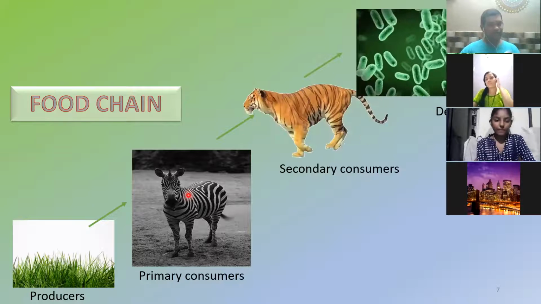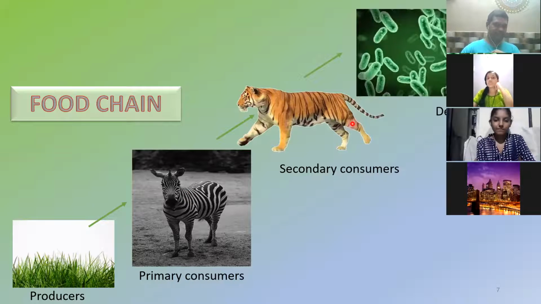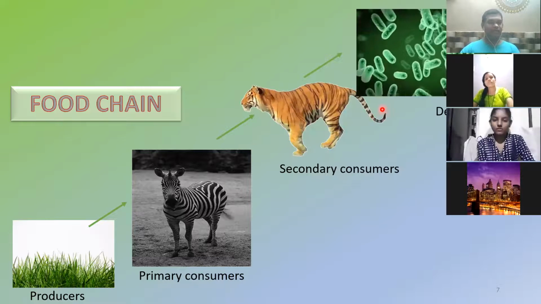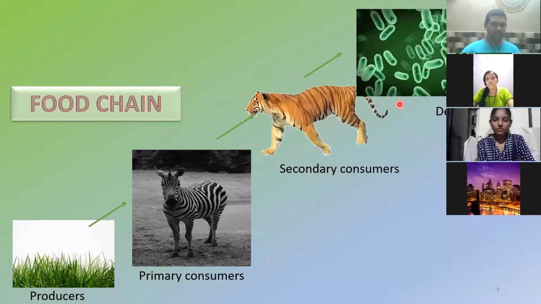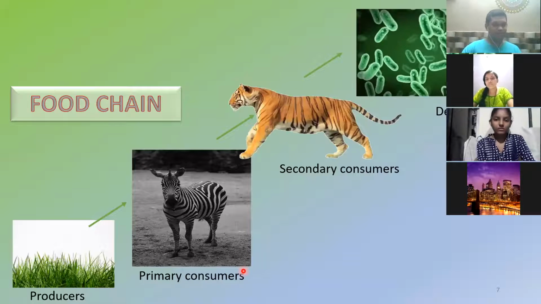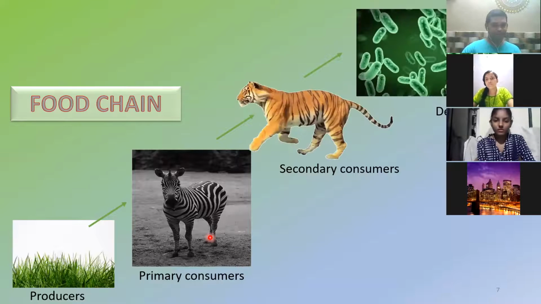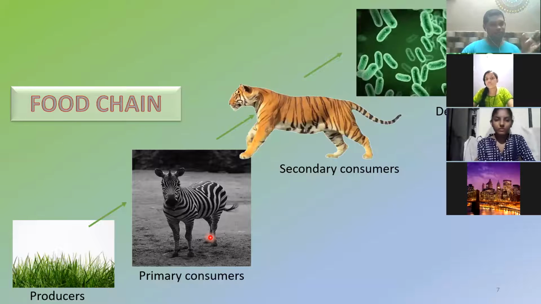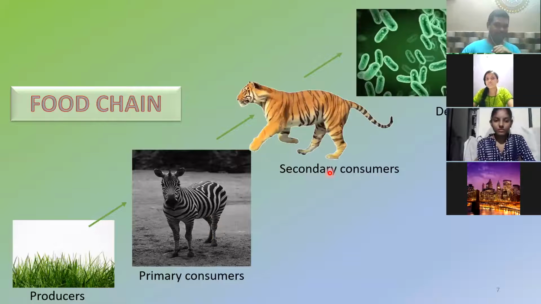Every trophic level has its own significance. Now, suppose all the tigers in the world die, or you remove the tiger from this food chain, what will happen to the population of zebra? It will increase because there is no tiger to eat it. Correct? Suppose all the zebras die.